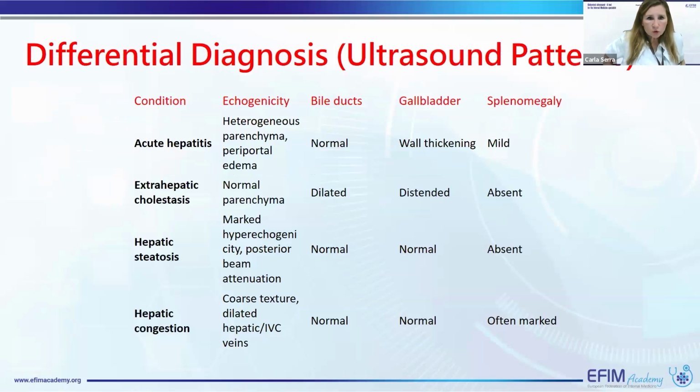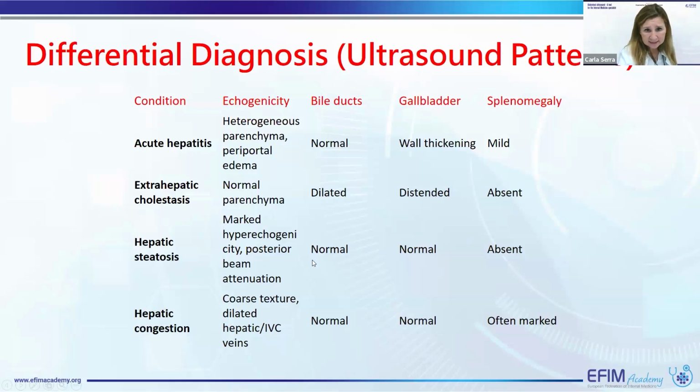Another important role of ultrasound is, at the end, to make the differential diagnosis concerning other important causes of elevation of the hepatic laboratory tests, and in particular acute hepatitis might be differentiated not only from extrahepatic cholestasis, but also from hepatic steatosis and hepatic congestion.